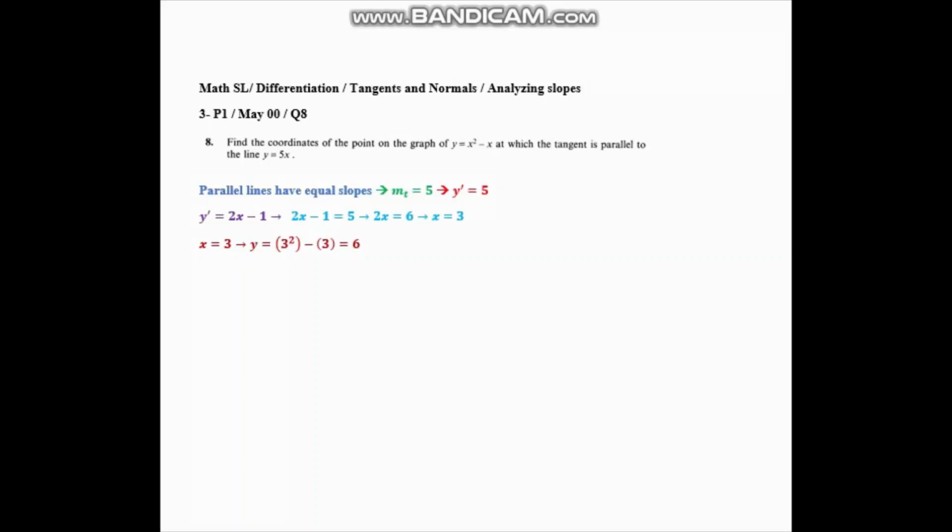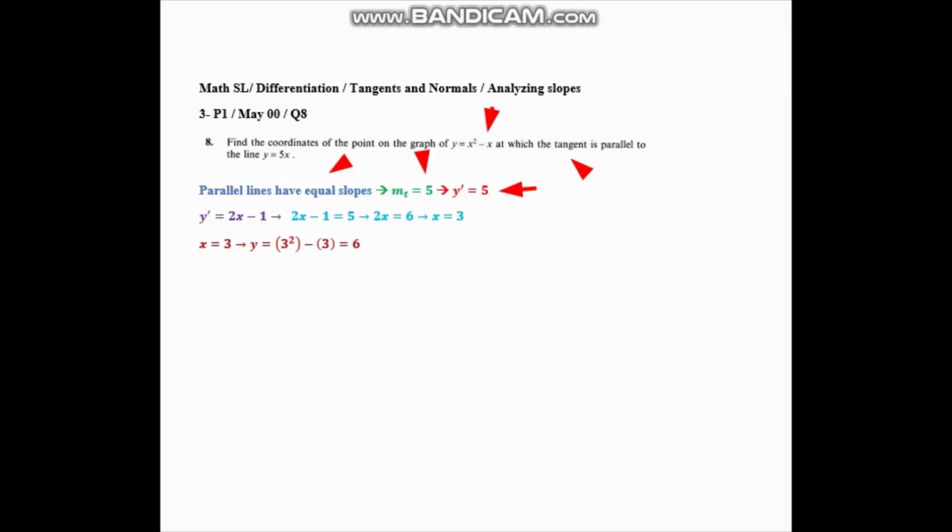So we begin by deducing that since parallel lines have equal slopes, the slope of this tangent is 5 and the slope of the tangent is y dash, so here y dash equals 5. Now after we have made this deduction, I need to actually find y dash, so I differentiate this function right there.